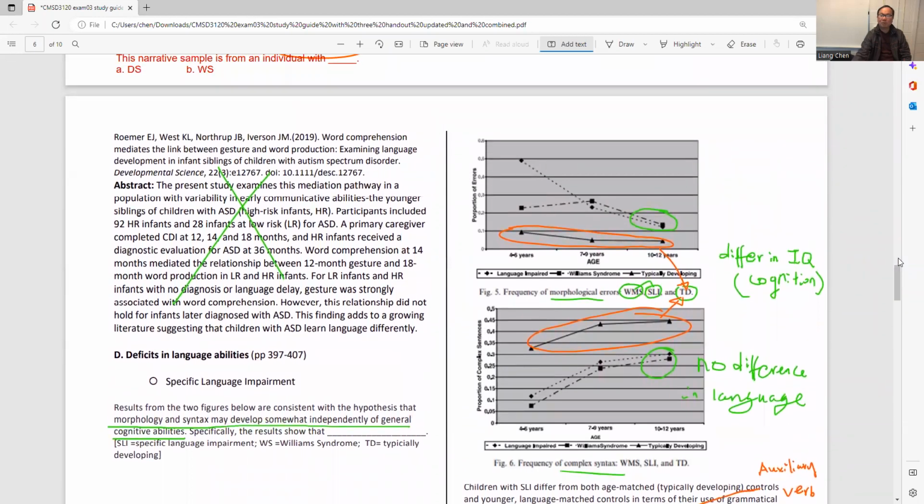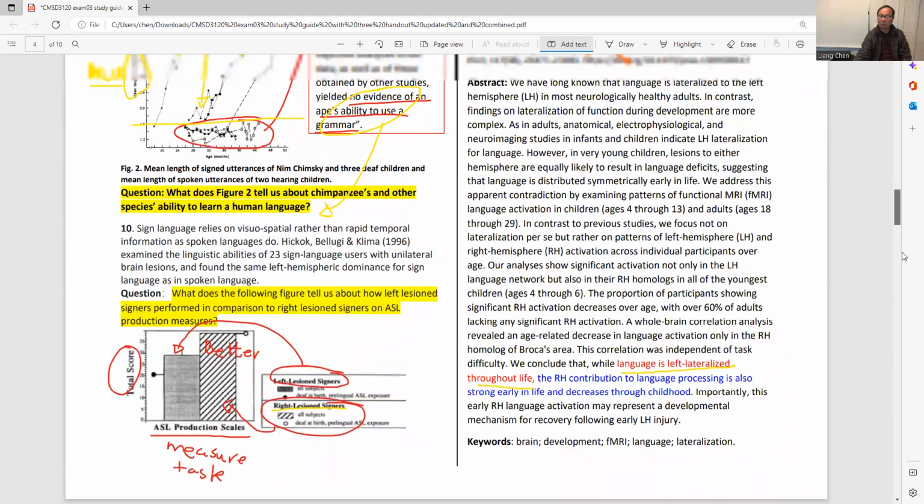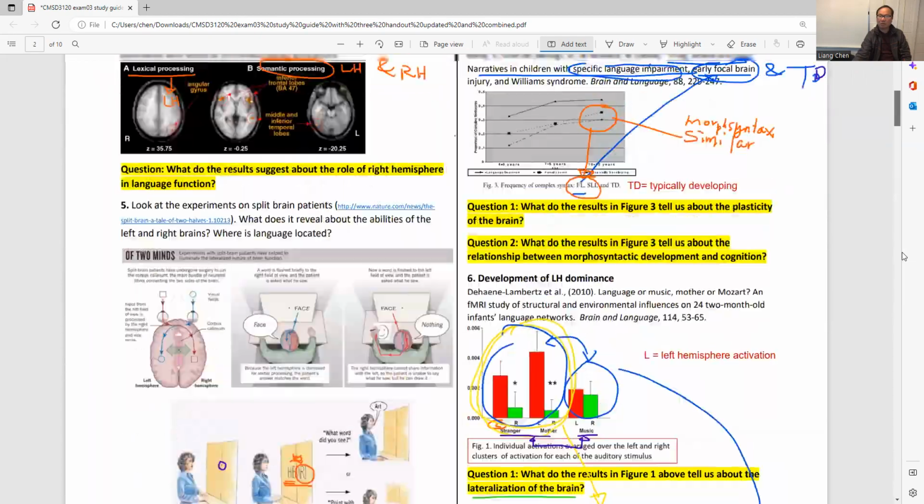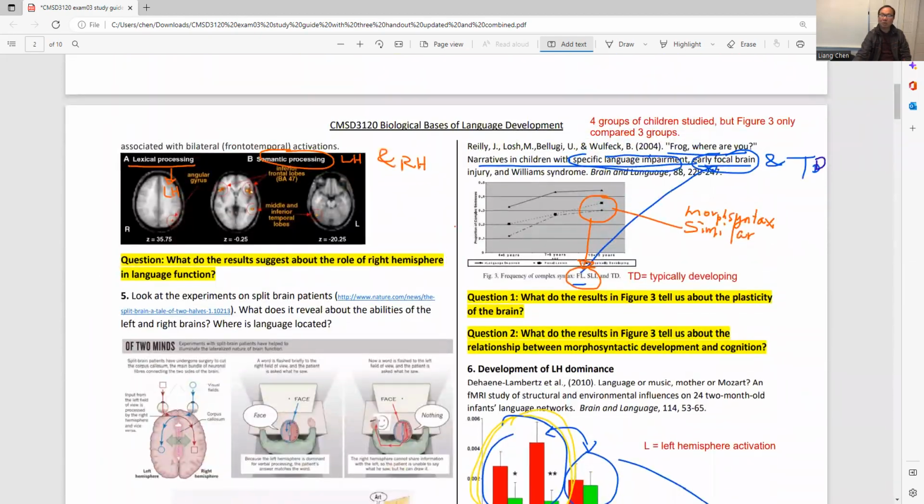Now this comes to the second study that we talked about in one of the articles that we just mentioned. This is the same article. Let me see if there is a way for me to chart this.